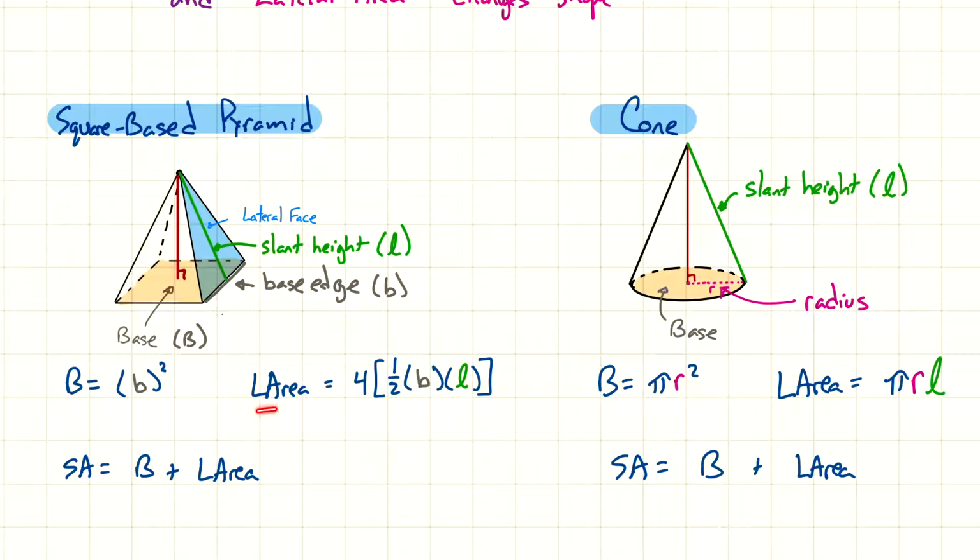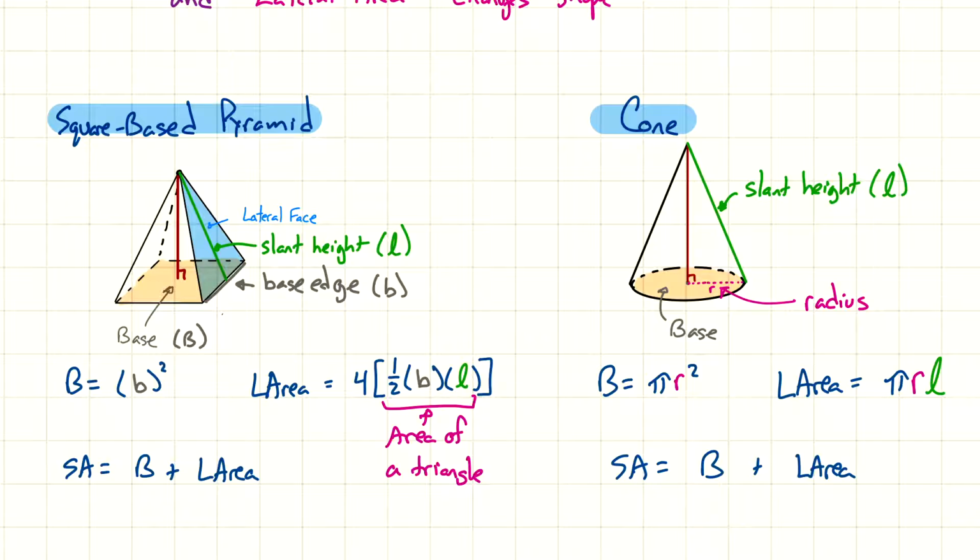With lateral area, I'm going to put L area so we know it's the lateral area. What I've done here is, like I mentioned before, these are all triangles. So if I think about the formula for the area of a triangle, right? So this is the area of a triangle. Right, so all the lateral faces happen to be triangles in this pyramid.